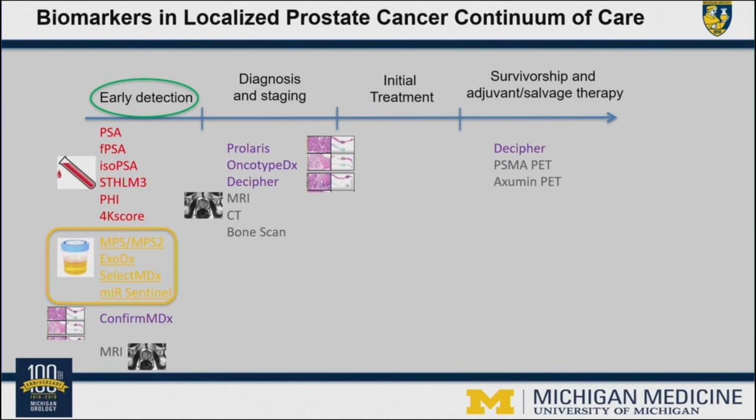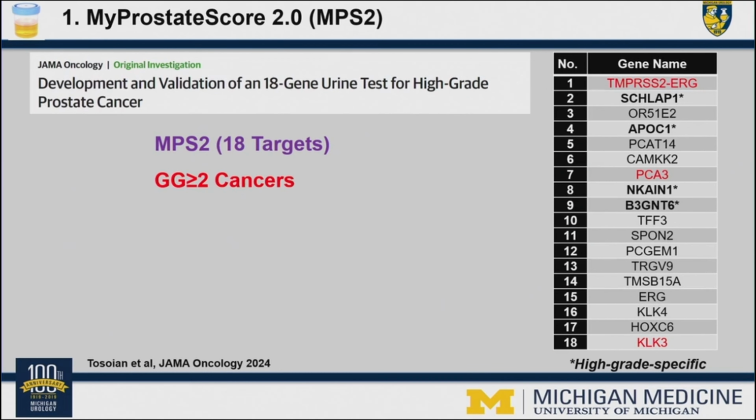Switching gears to urine-based tests, the first one I'll discuss is MyProstateScore, or MPS. This is the first version of the test that combines urine PCA3 and TMPRSS2 with serum PSA. And this test has since been updated last year to include 18 targets, still including the initial 3 different components highlighted in red.